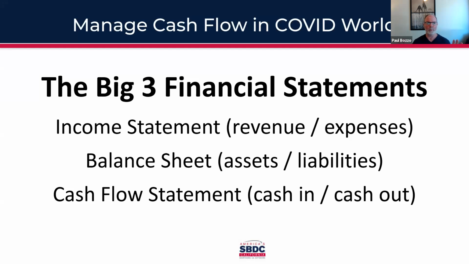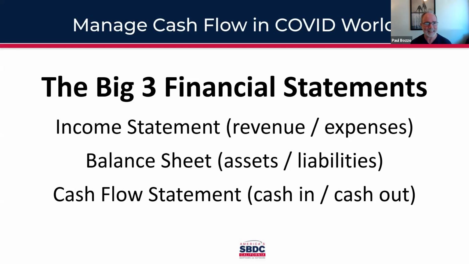So, a super brief, high-level overview of the big three financial statements that all businesses use, whether it's a small coffee shop or Boeing: an income statement, balance sheet, and cash flow. An income statement talks about the key core business model, which is revenue and expenses.